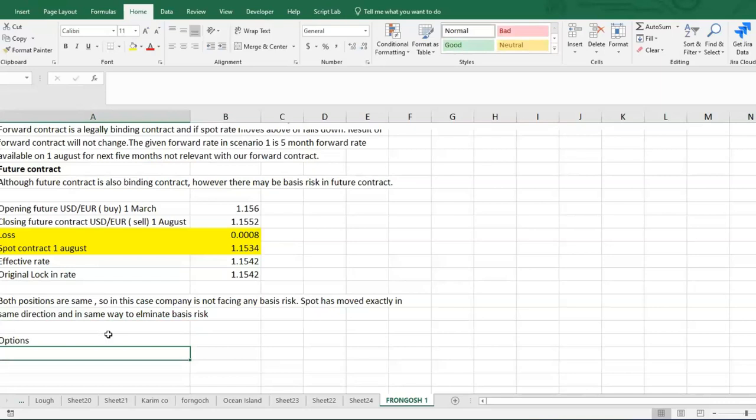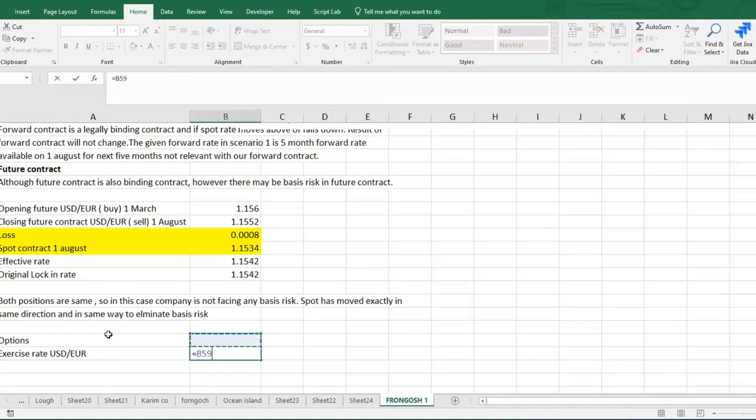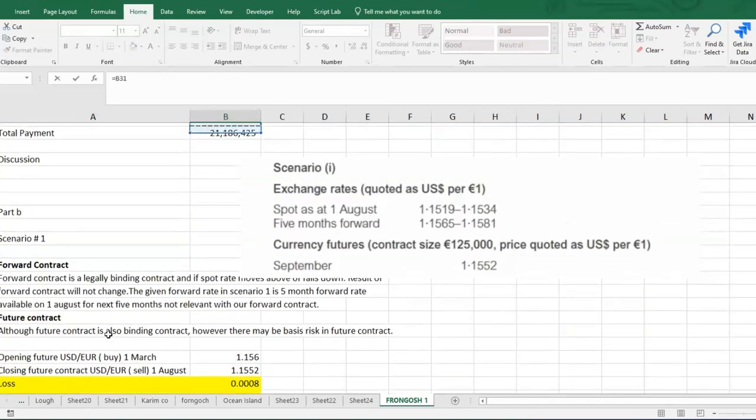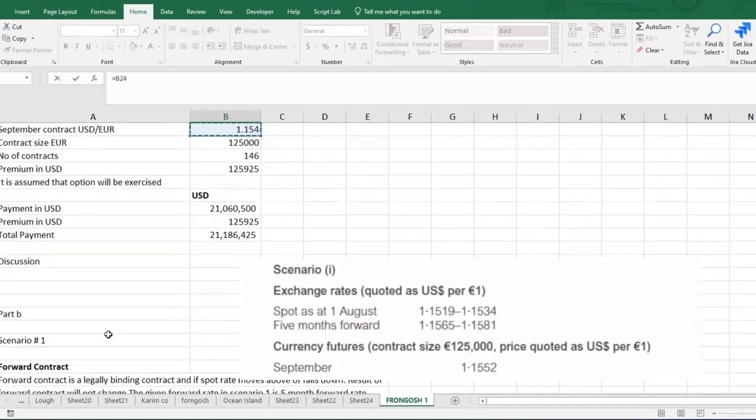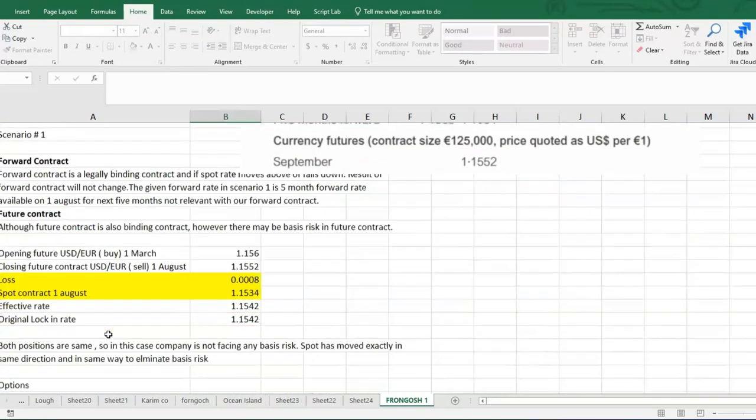Okay, now option. In option, your exercise rate is USD over Euro. What was your exercise price, guys? 1.1540.